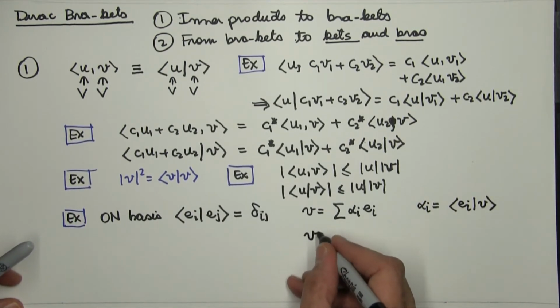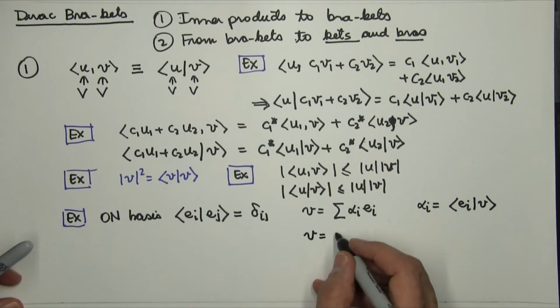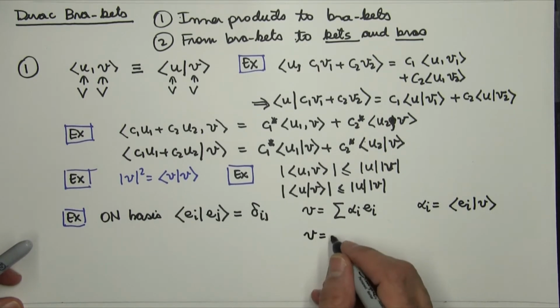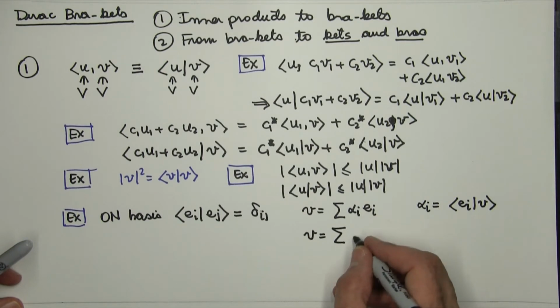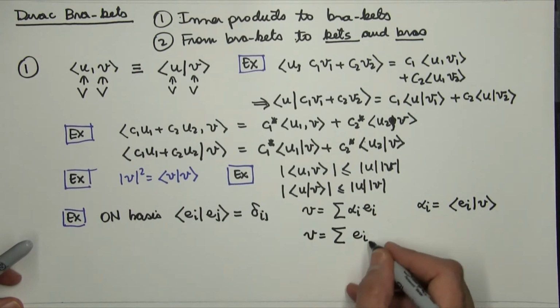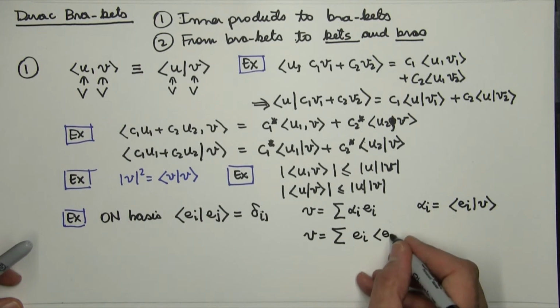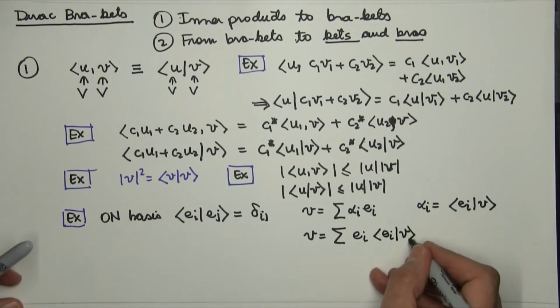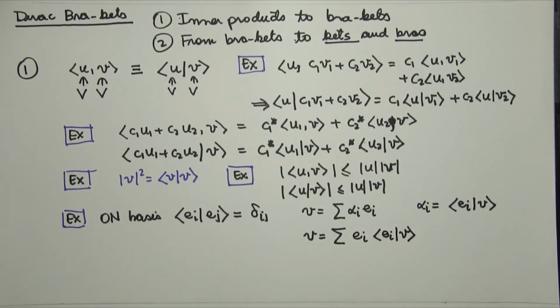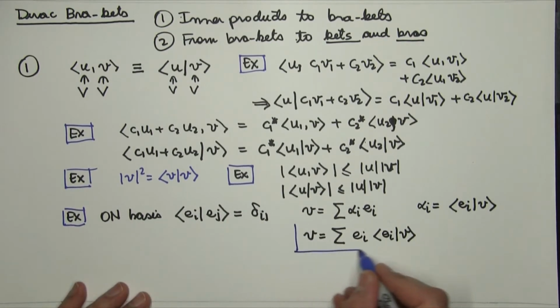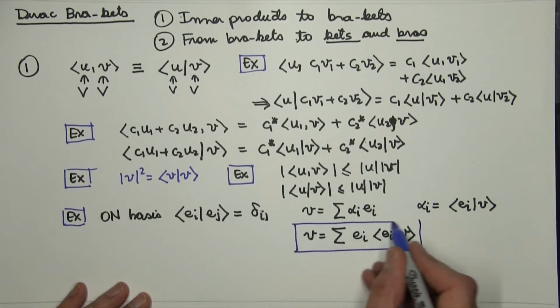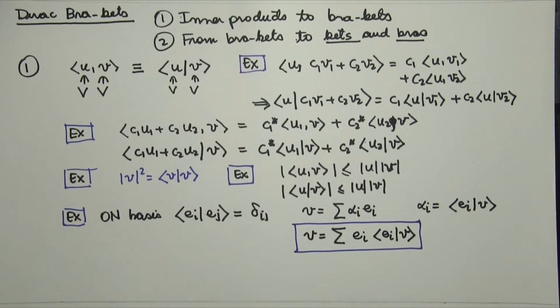So the formula for V now looks like, in bracket notation, alpha_i e_i. Let me write the e_i first, and then e_i V. So that's another way of writing the decomposition of a vector in terms of basis vectors.